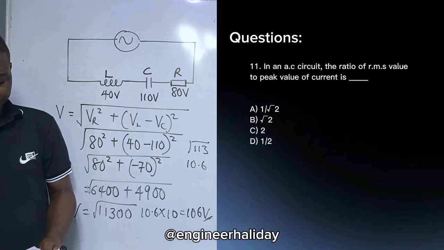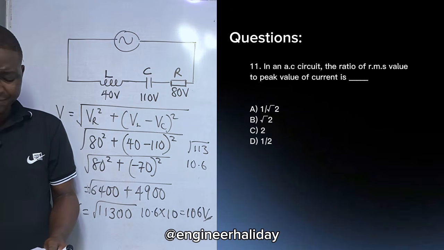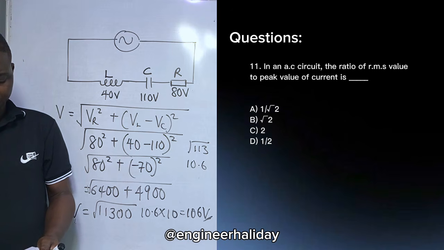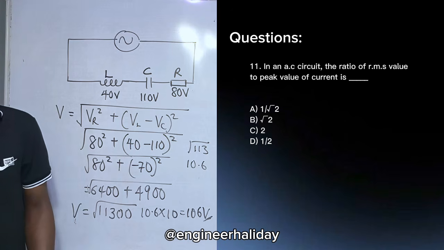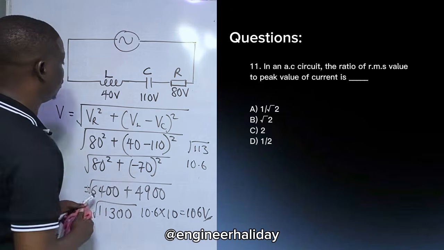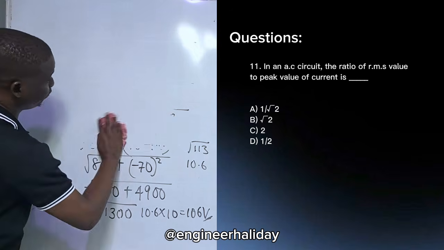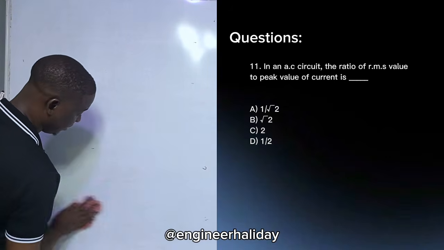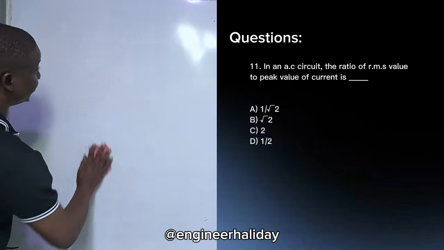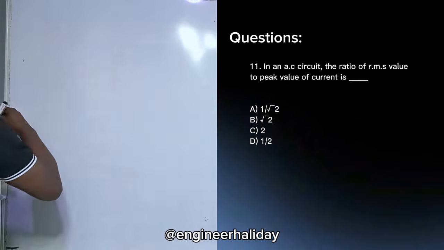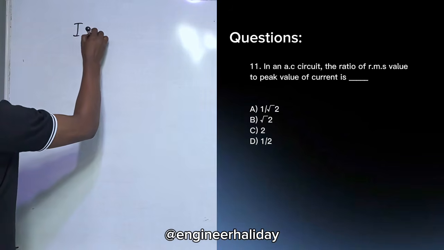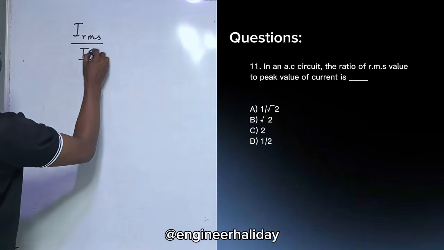Number 11. In an AC circuit, the ratio of the RMS value to the peak value of current is dash. When we talk about ratio in physics, we are talking about the ratio of RMS value to the peak value.